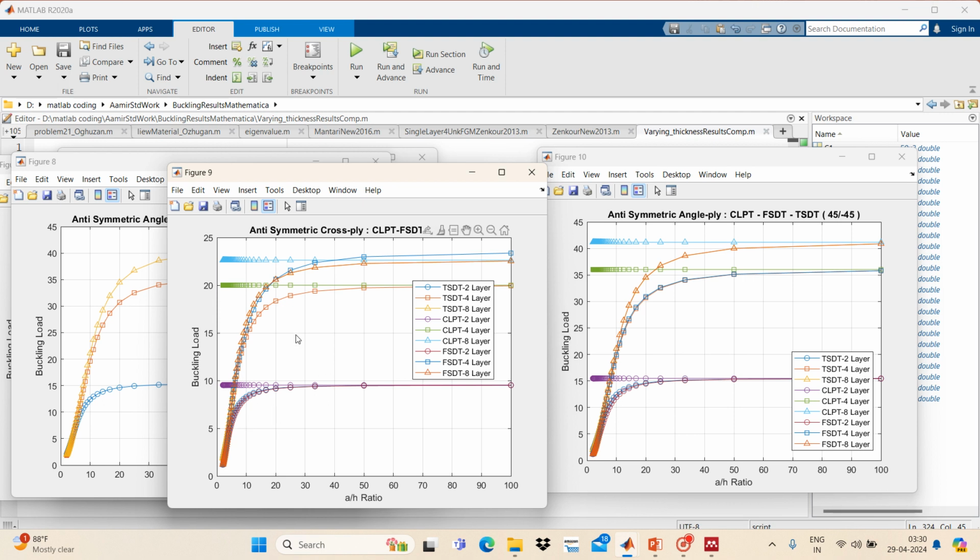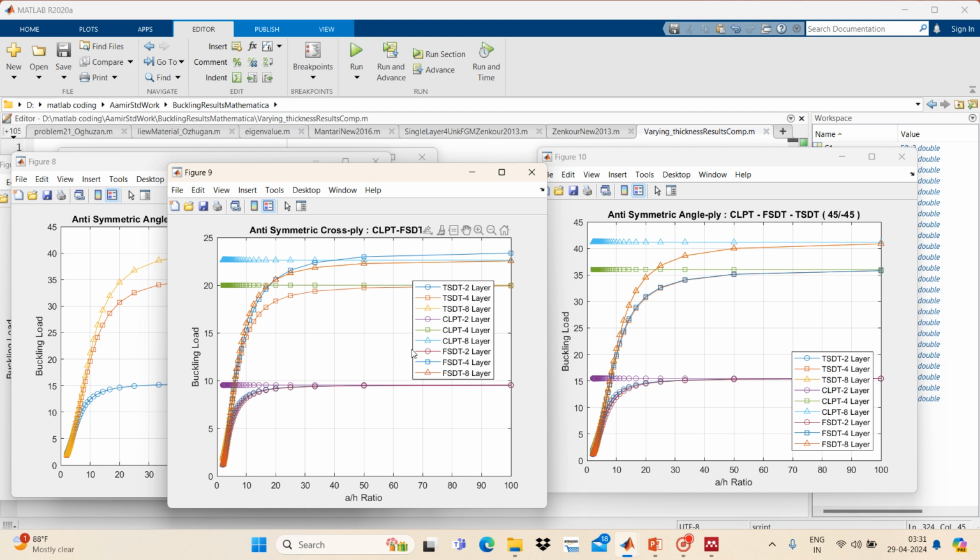Similarly, for a four-layer plate, this is for the four-layer plate, and this green one is for the classical plate theory for the four-layer plate.